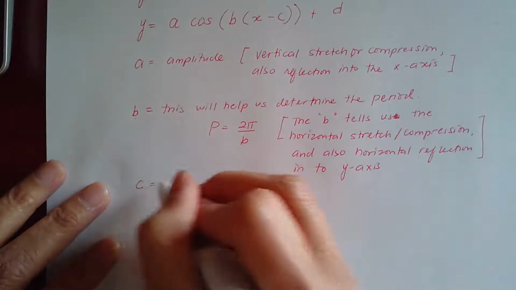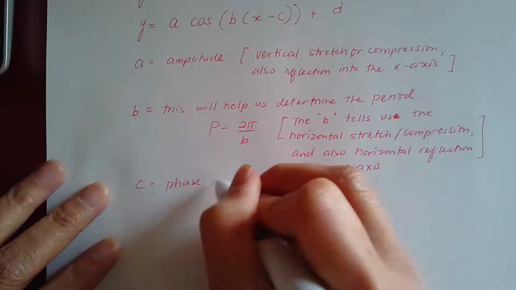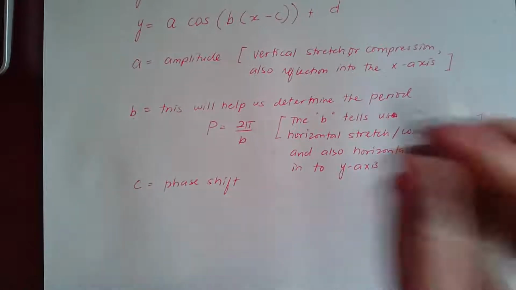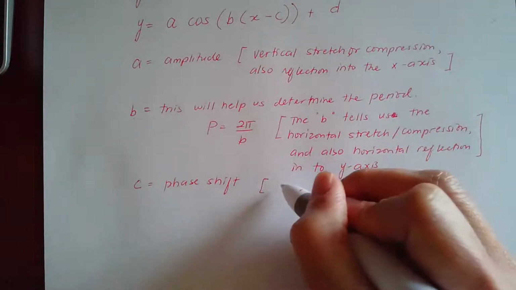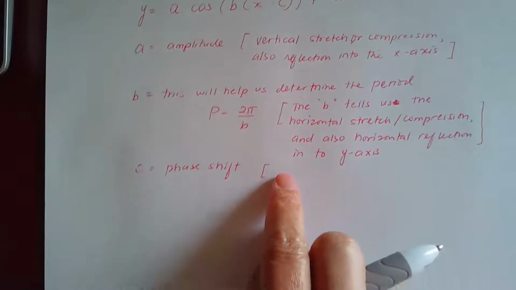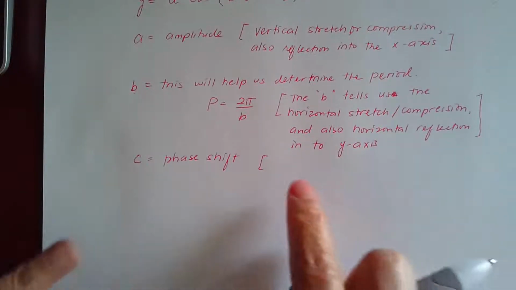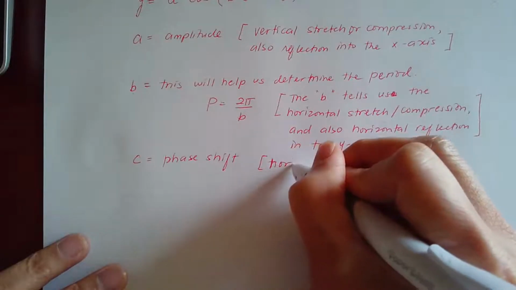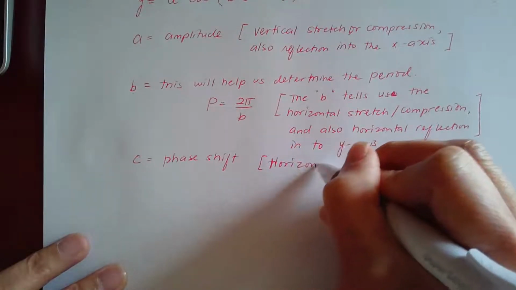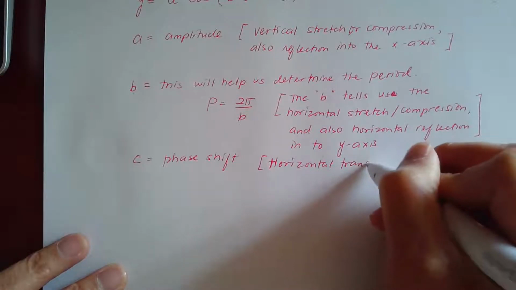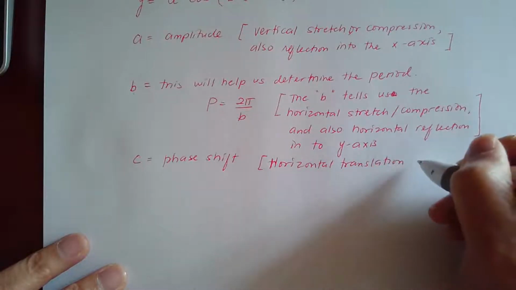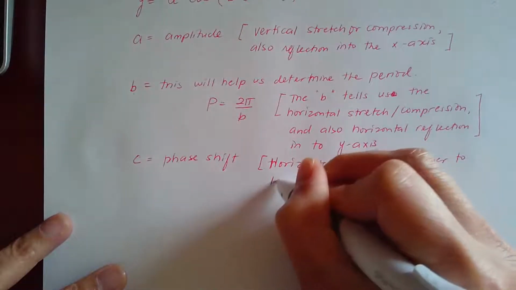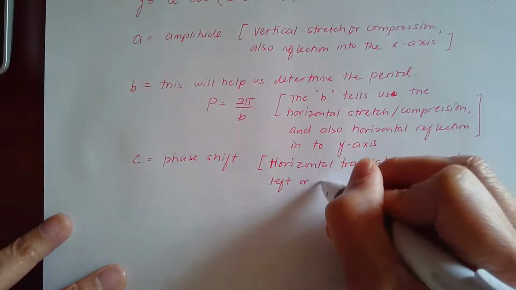Now C, we call it a phase shift. Basically, moving it to the left or to the right. In a transformation context, that's a horizontal translation, either to the left or to the right.